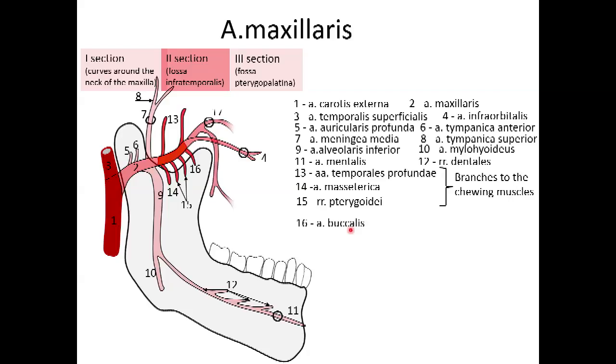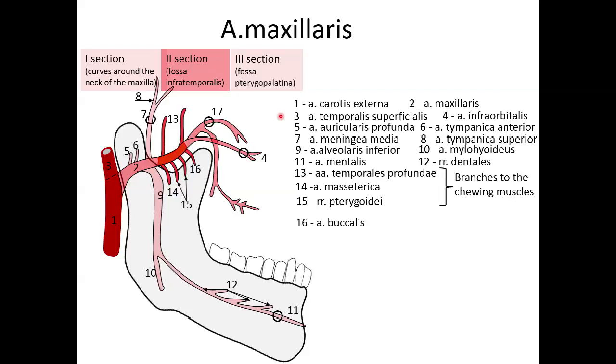And now the third section, inside of the fossa pterygopalatina. I'd like to remind you that the fossa pterygopalatina is a place of strategic purpose in the skull.